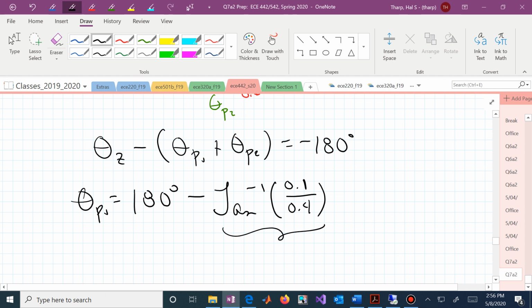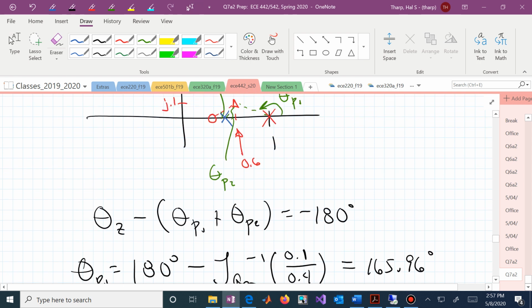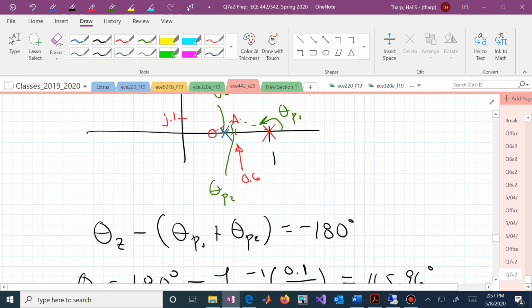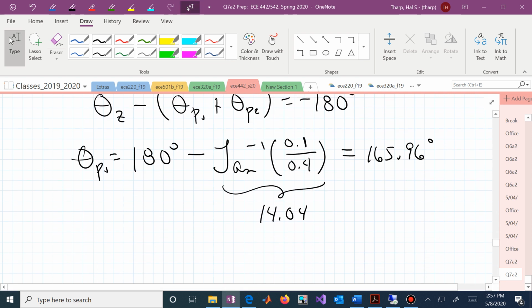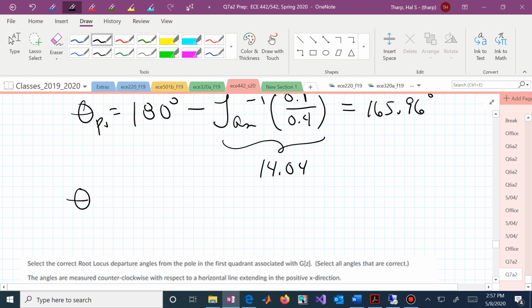It's actually a little bit bigger than 14, so now we end up with 165, almost 166 degrees. Theta p sub 2, though, I hope you can see is 45 degrees. We go up 0.1 and over 0.1, so I located that triangle in a nice location for theta p sub 2's calculation, and now we can solve for theta sub z.